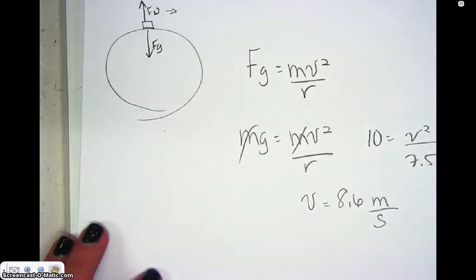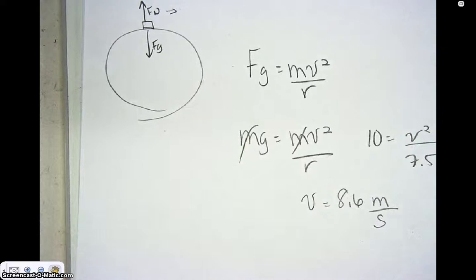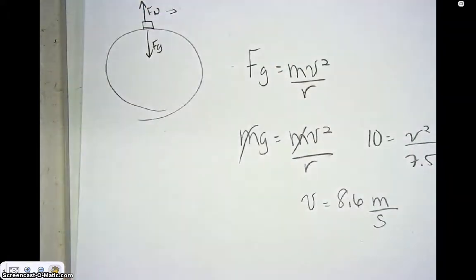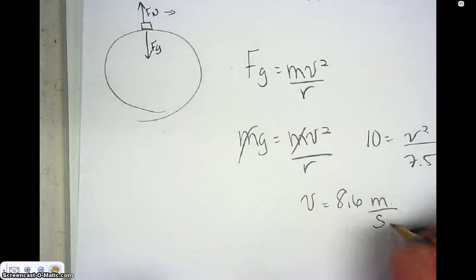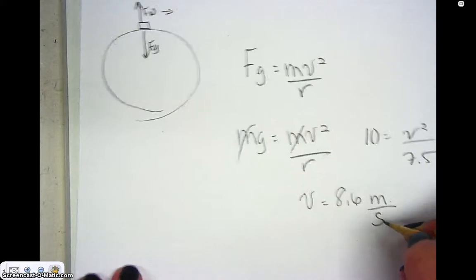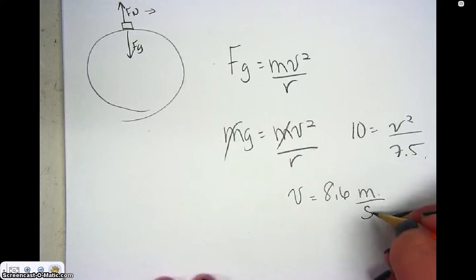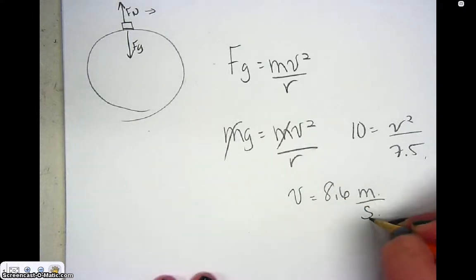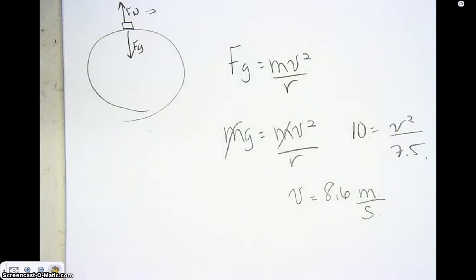But what we really want to know is how many revolutions we go every minute. We're given meters every second, but we want revolutions every minute. So if you can go 8.6 meters per second, what fraction of a revolution is that?